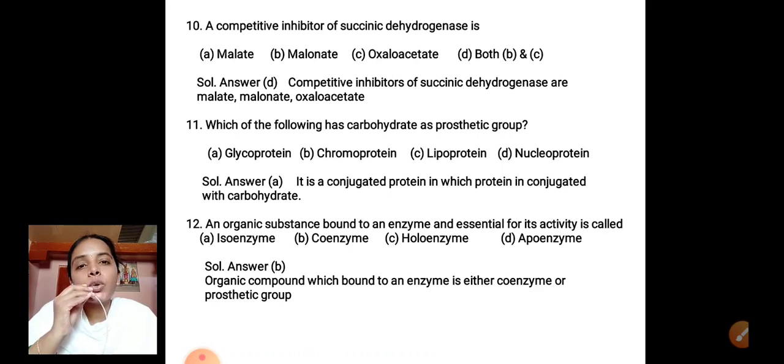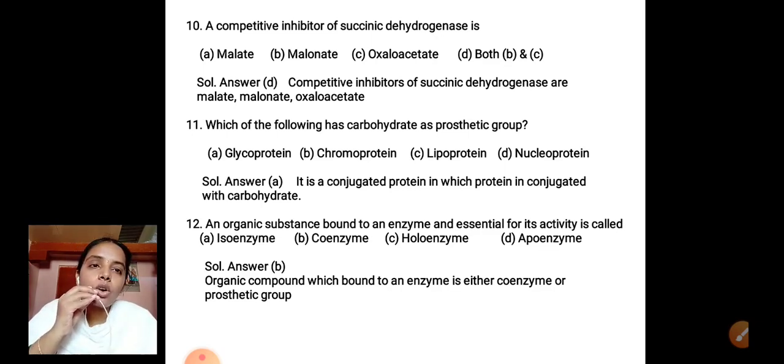A competitive inhibitor has a structure similar to the substrate and inhibits the chemical reaction. The given options: malate, malonate, oxaloacetate, option B and C. So malonate and oxaloacetate are the competitive inhibitors of succinic dehydrogenase. So the correct option for this is B and C, that is D option is correct.